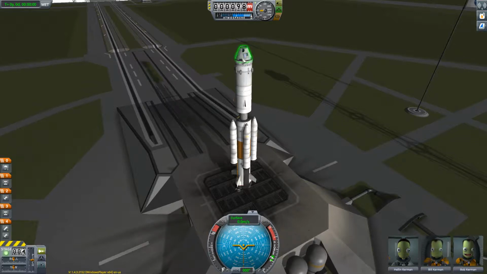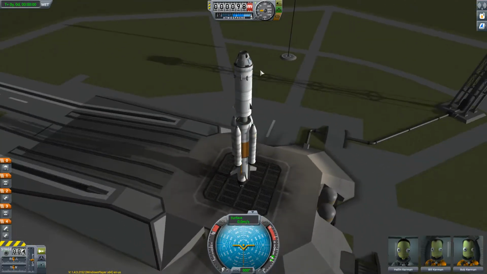And third stage, after we've used the second stage to get ourselves into a suborbital trajectory back to Earth, we would use this with the Kerbals in it for command and landing. So, step 1, press T to turn on SAS.